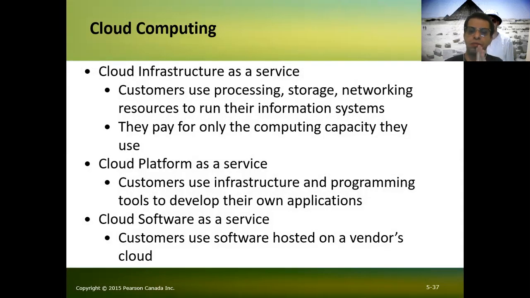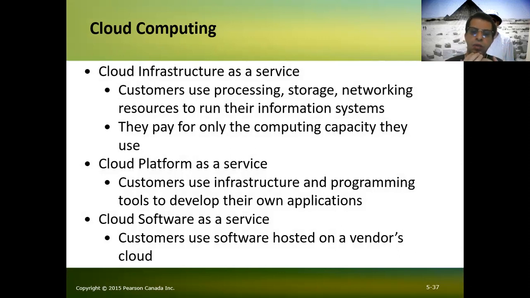In cloud computing, with cloud infrastructure as a service, customers use processing, storage, and networking resources to run their information systems. They pay only for the computing capacity they use: two servers, two CPUs, four CPUs. That's how they price it.